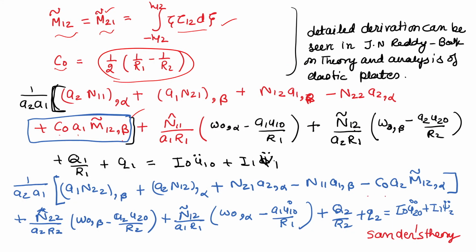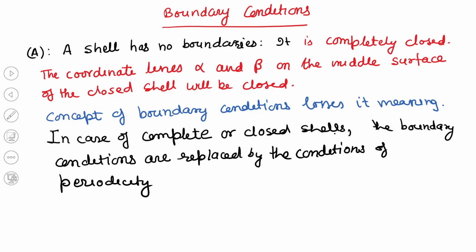Similarly, in the second equation it is the same derivative comma alpha with the minus sign. If we do these corrections, then the exact form of Sanders shell theory is obtained. But this correction is required only for thin shells. If we are interested in moderately thick shells or thick shells, then the previous 5 equations are completely valid.